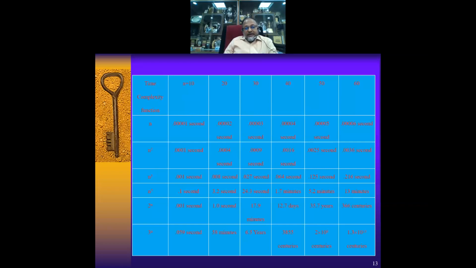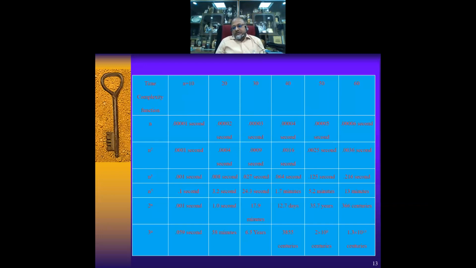If it is n square, it requires 0.0004 second. If it is n power 5, 3.2 seconds. These are all polynomial. If it is exponential, if it is order of 3 power n, where n is the number of nodes, even in a 20 node network, and 20 nodes is a very minimum number.